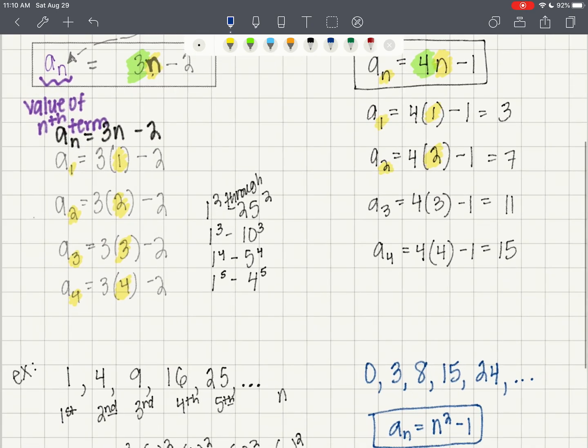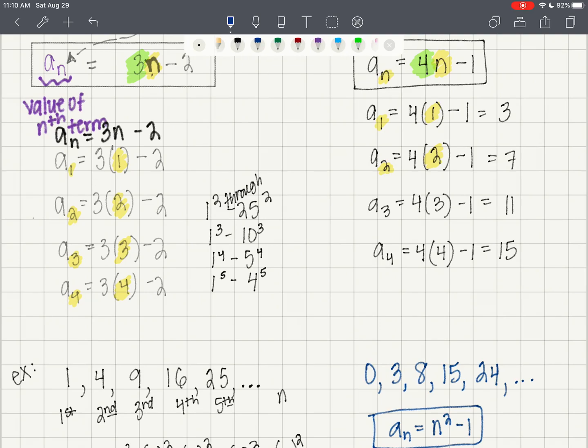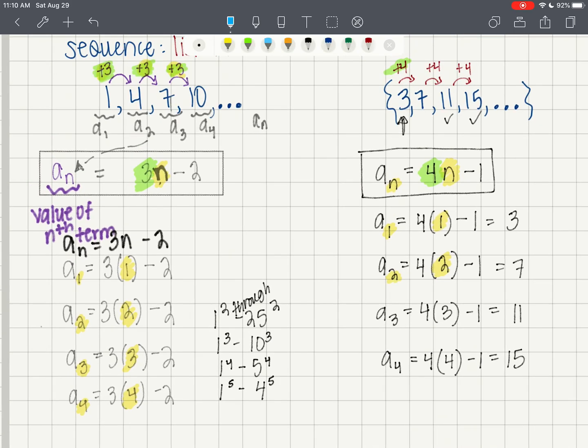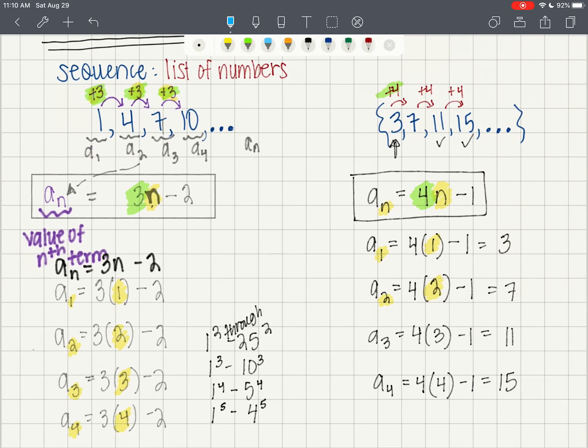I'm going to come back here real quick, and I want to just write this down. These formulas are called explicit formulas. So this is the explicit formula.